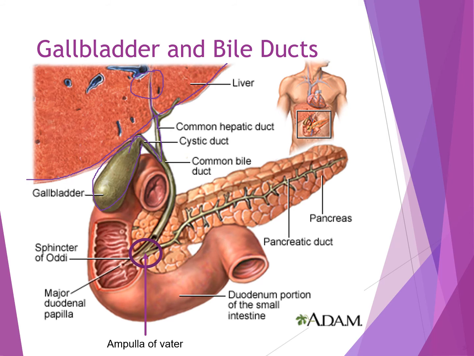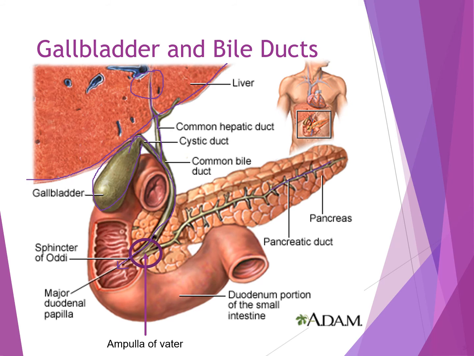And some of the bile can continue down this common bile duct, and it gets dumped out into the duodenum. This is the duodenum right here, off the stomach. They've cut it away so that we can see the pancreas and all that fun stuff. Some of the bile is just going to take this pathway and be excreted into the duodenum, and then there are the exocrine properties of the pancreas.